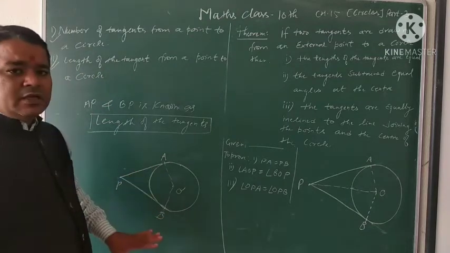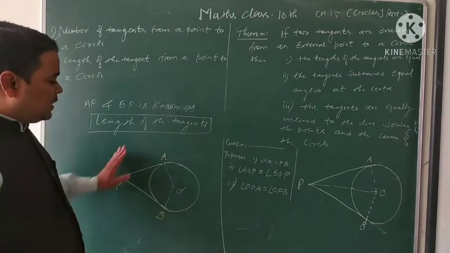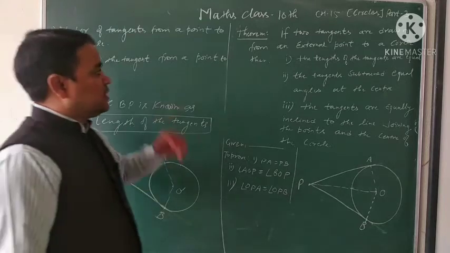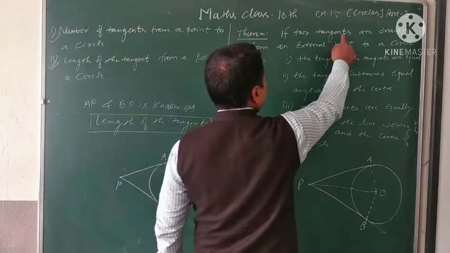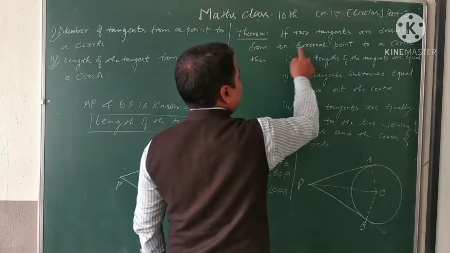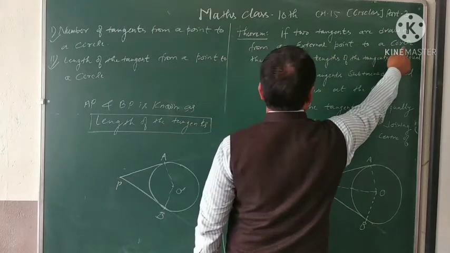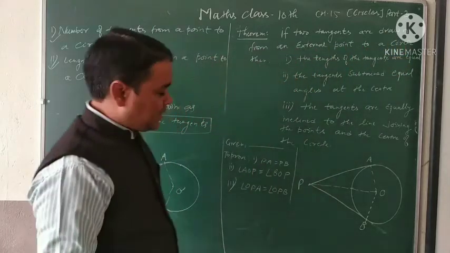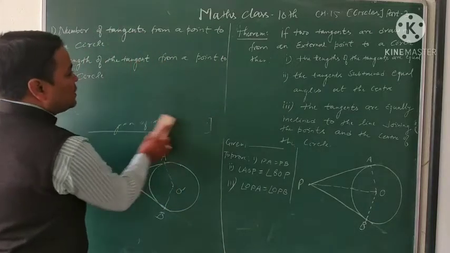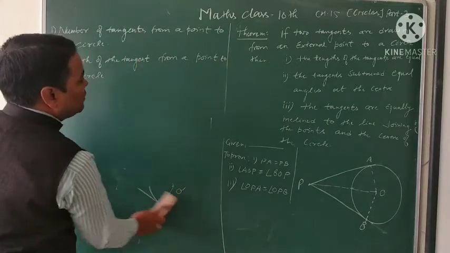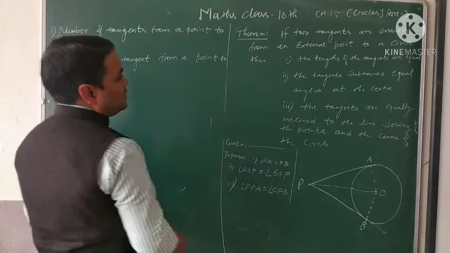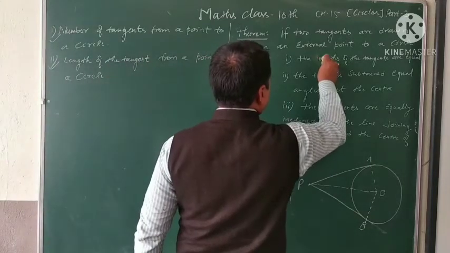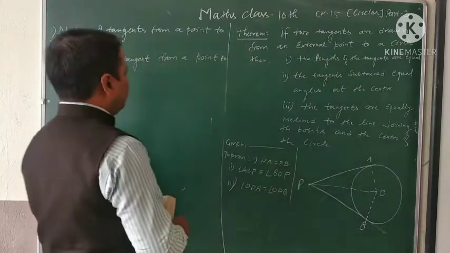Let us see one theorem related to this concept. The theorem is that if two tangents are drawn from an external point to a circle, then what happens? In that case, the first is that the lengths of the tangents are equal.